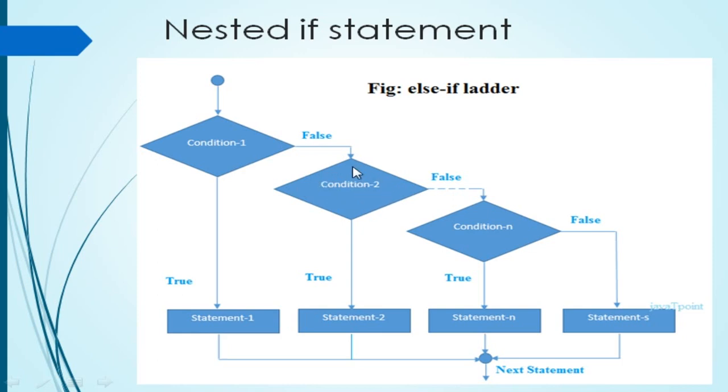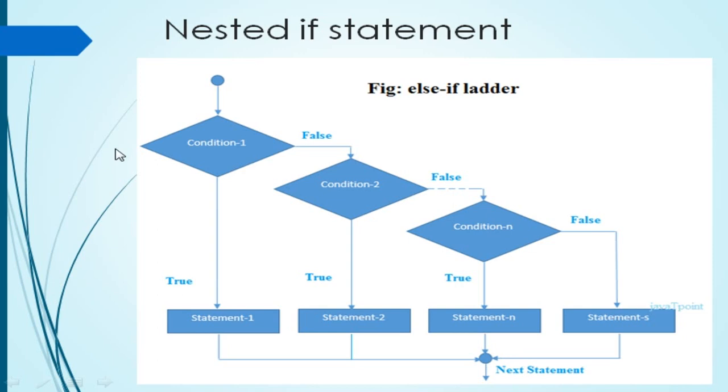If that is true, it will execute the if block and then continue with the remaining of the statement. If the condition is false for the second one, it will go to another if statement where it will check the condition. If true, it will go to the if block and then continue with the remaining. Suppose the condition is false, it will have some more statements in the else block. After completing, it will go to the remaining of the program.